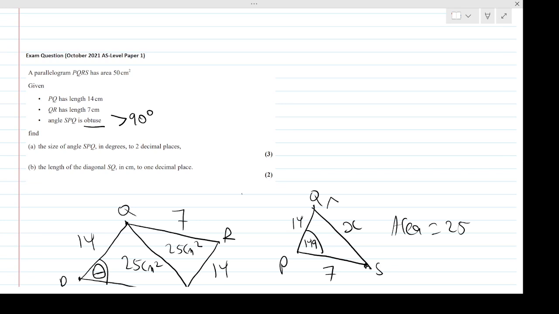Hopefully these examples have been useful. Bit unfortunate some of the numbers weren't nice. I can't help the examples that were given.